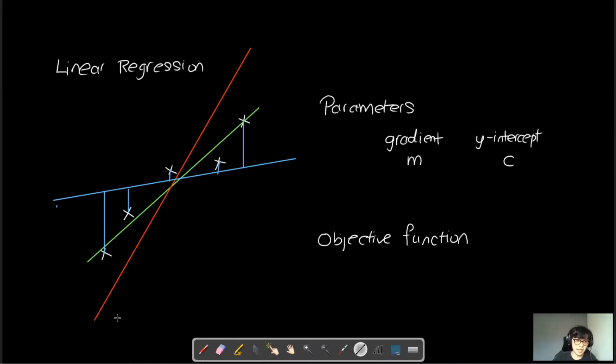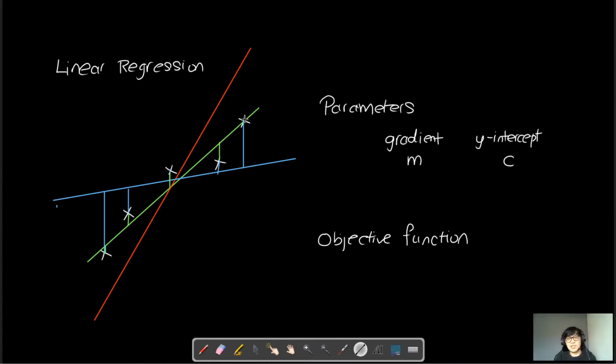If we do it for the green line, we have this, this, this, this, and this. If you think about it intuitively, this is a smaller quantity, a smaller distance away from the point.